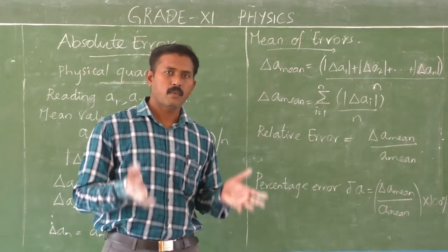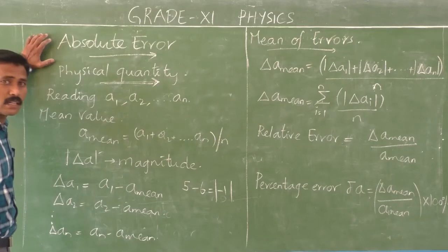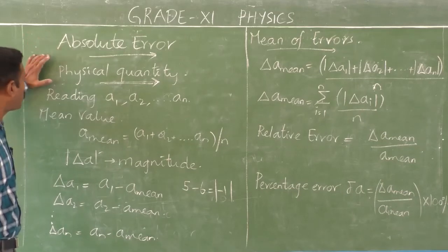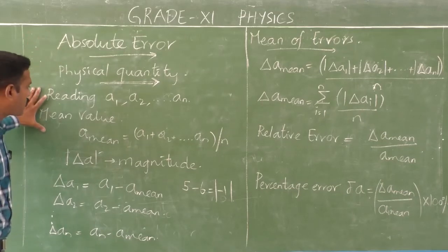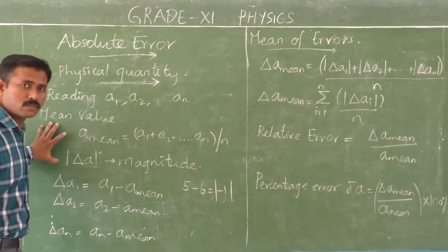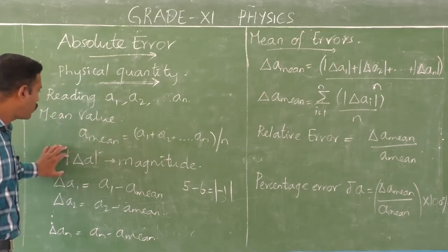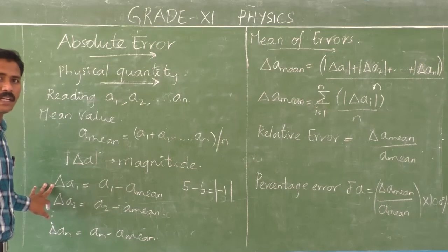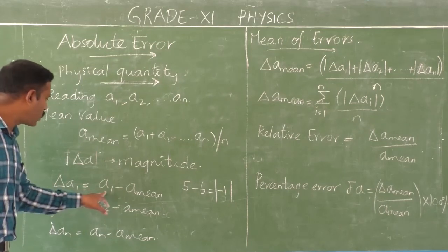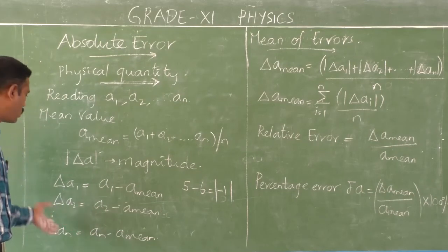So I wind up the session, students. Please recall the errors. Under absolute error, we take n number of values. For the n number of values, we take the mean value, and then we find the deviation of the individual values from the mean value.